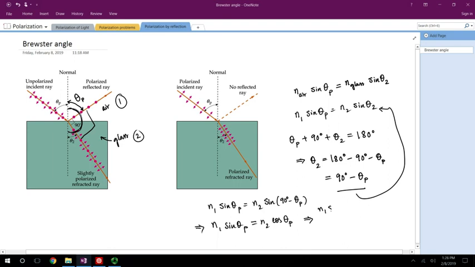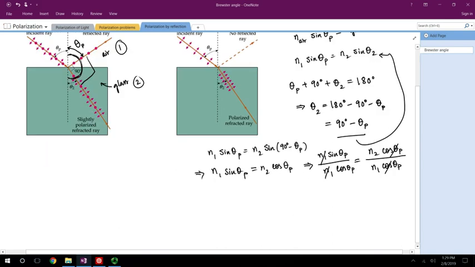So we have N1 sine theta p divided by N1 cosine theta p, and on the other side also I have to divide by the same stuff, N2 cosine theta p divided by N1 cosine theta p. Here the N1s will cancel, there the cosine theta p's will cancel, and so we will have tangent of theta p is equal to N2 over N1, because sine theta p over cosine theta p is tangent of theta p.